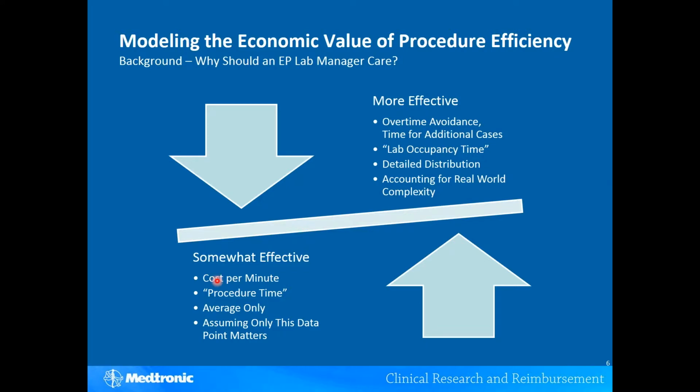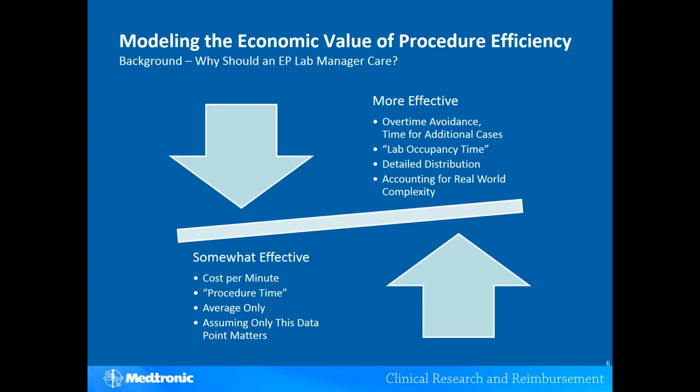We had done things like tried to quantify the economic value of this in cost per minute. Now, cost per minute is interesting, right? It tells you how you're spending your money. But what they told me was, Reece, if this procedure ends sooner, I'm still paying for that room and it's just sitting there empty. And the staff I've hired to perform these procedures, if they get done sooner, I can't send them home early and save money.